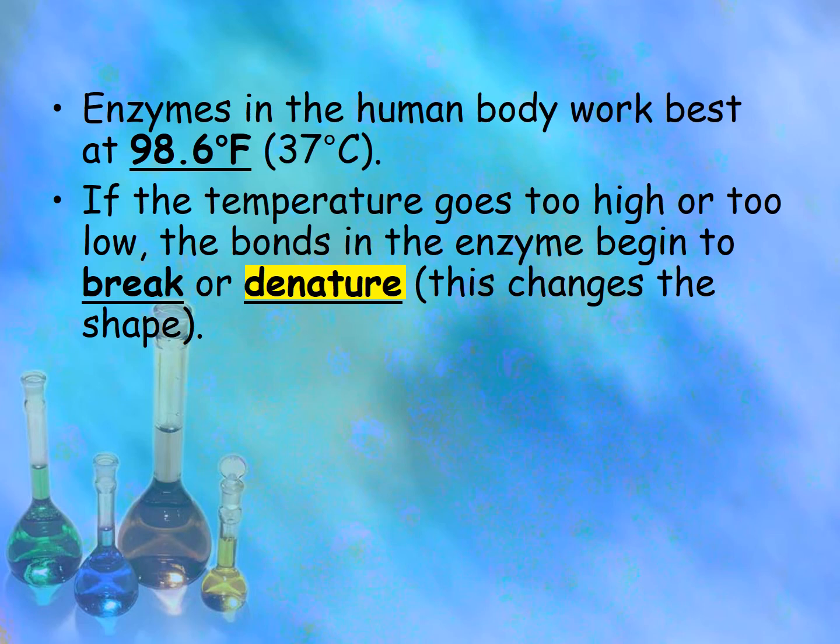You will die if your enzymes don't work. So if the temperature goes too high, the bonds in the enzyme will begin to break or denature. And if your body temperature goes too low, they don't necessarily denature, they just stop working. Denature is a term that you're going to need to remember, so make sure you highlight that, please.